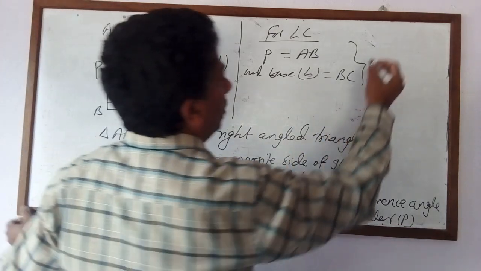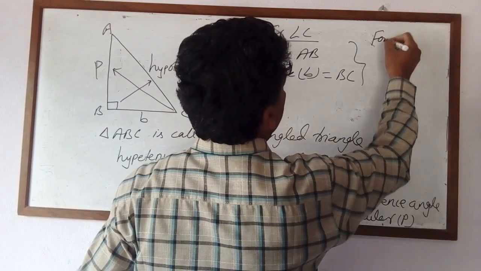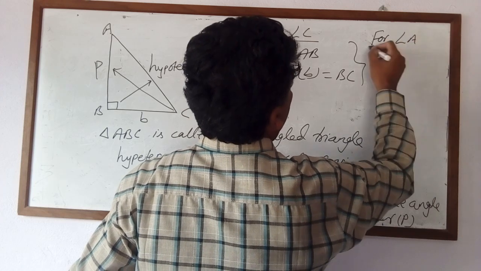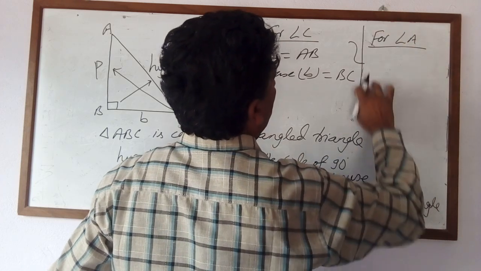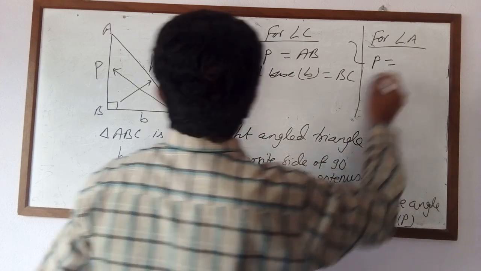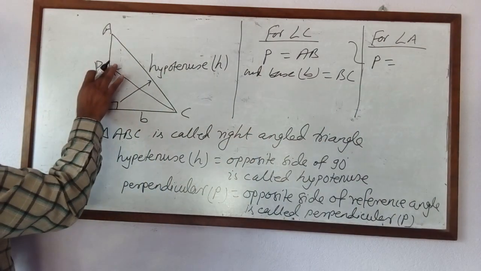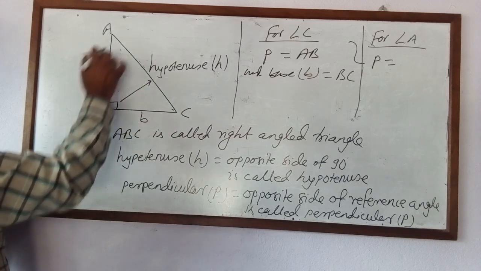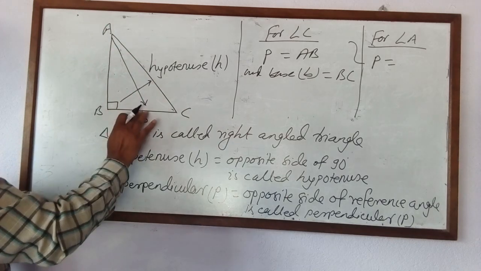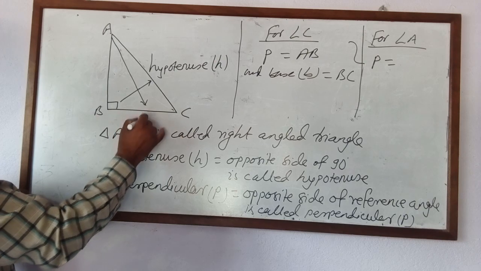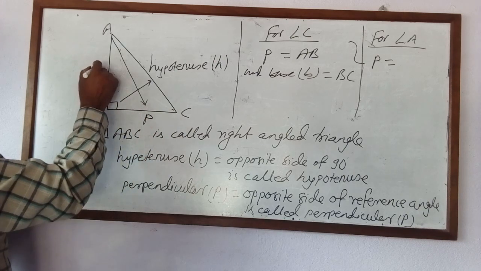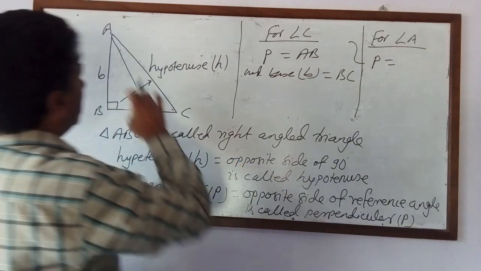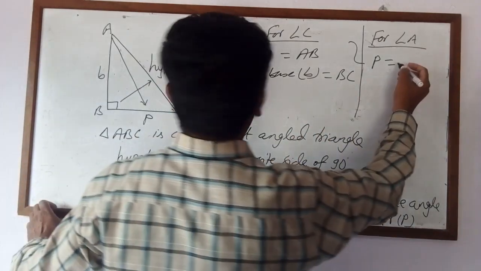Now for this angle A, perpendicular P will be, which one is the opposite side of this angle A? Now for this angle A, opposite side will be this one. This one will be P, and this one will be B. Opposite side of angle A is BC.